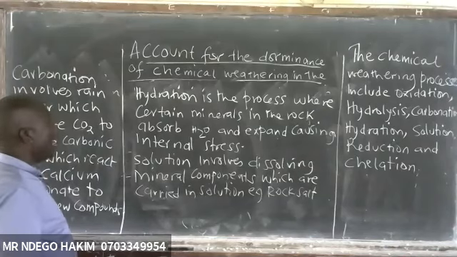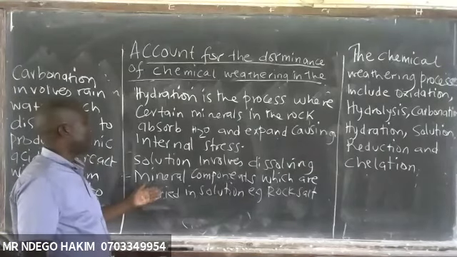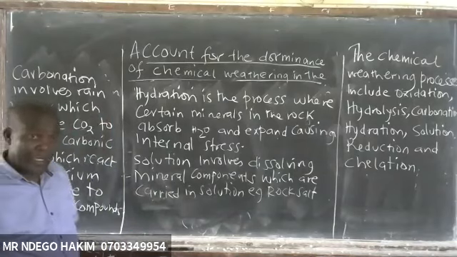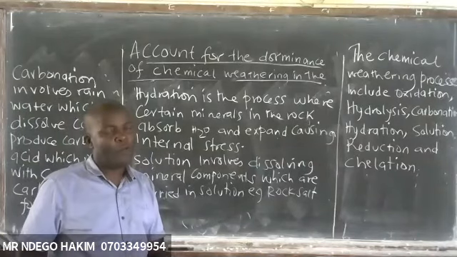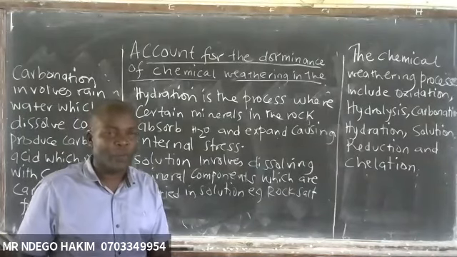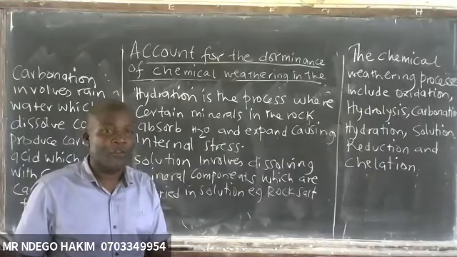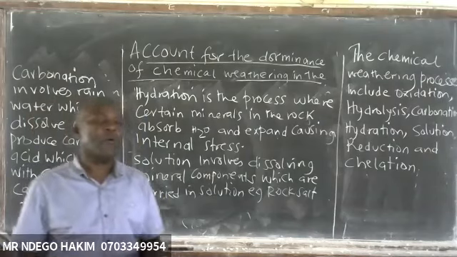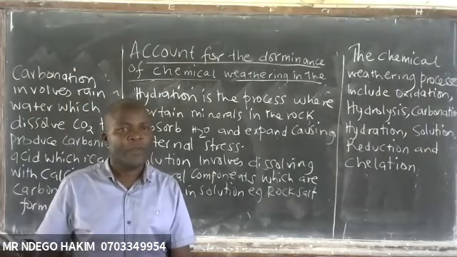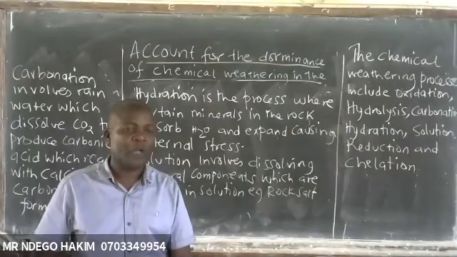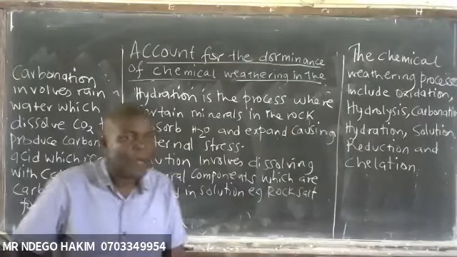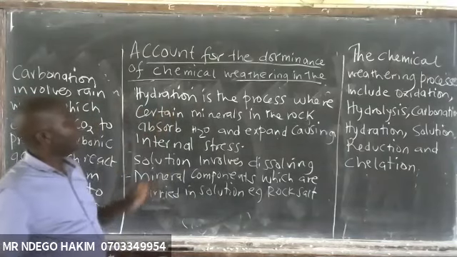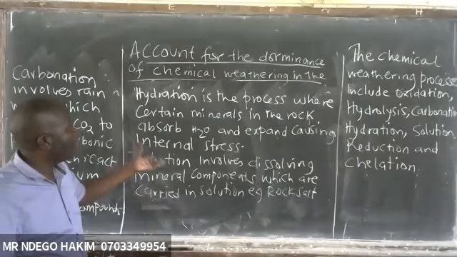It's a process whereby water dissolves mineral components in the rock, and these minerals are dissolved and carried in solution form. So the process is common in areas that have rocks that are soluble in water. And we are giving an example of rock salt. Calcium can also be easily dissolved in water. So the difference between solution and hydration: for hydration, water penetrates and is absorbed.